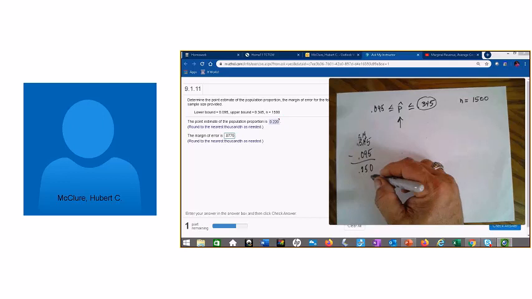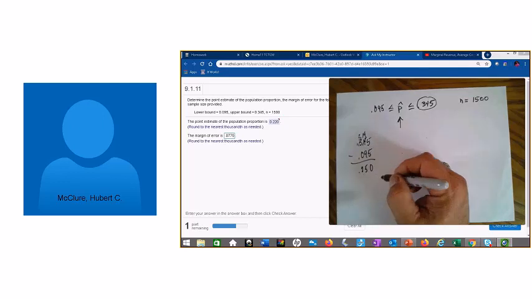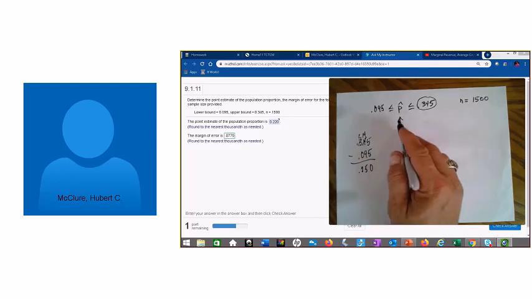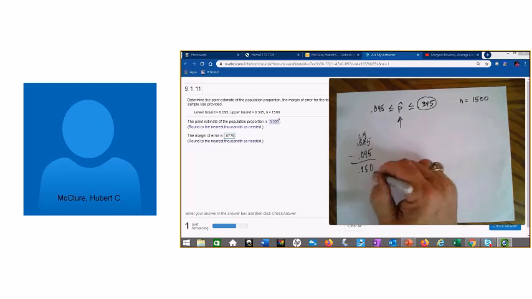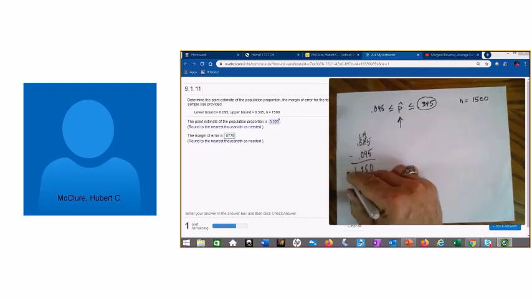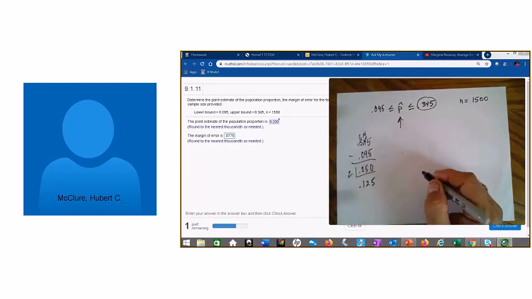What is 0.2, or that is, I'm sorry. No, that's the margin of error. Yeah. So divide that by 2, and that's going to be 0.125. Make sure I did that right.